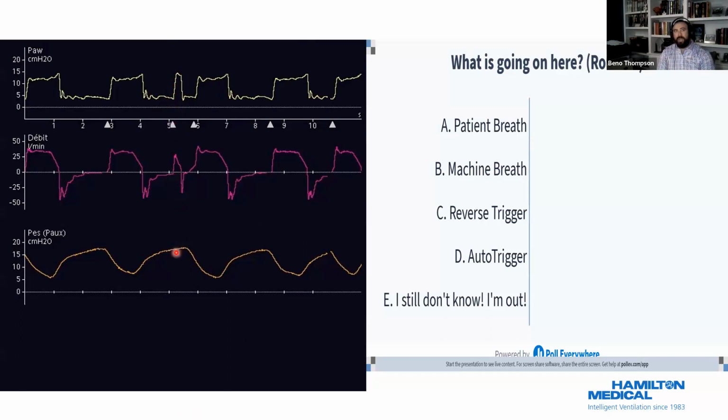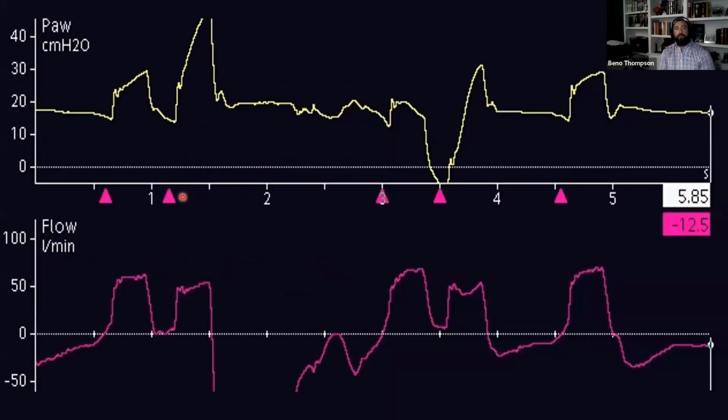This would actually be an auto trigger. There's no patient effort going on, but the ventilator is delivering a spontaneous breath. So that would be an auto trigger.